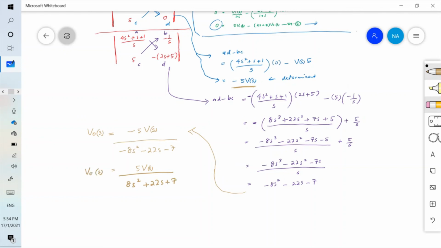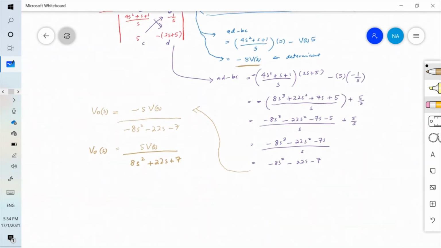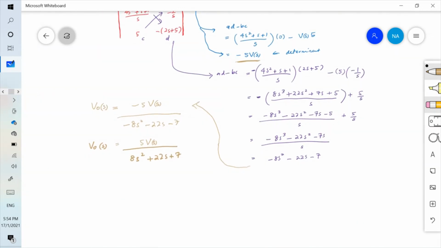We need to rearrange this equation so that you get V naught s over Vs equals 5 over 8s squared plus 22s plus 7. As I mentioned, you need to reduce the 8s squared to s squared, so you divide both numerator and denominator by 8. It becomes 5 over 8 divided by s squared plus 22 over 8s plus 7 over 8.